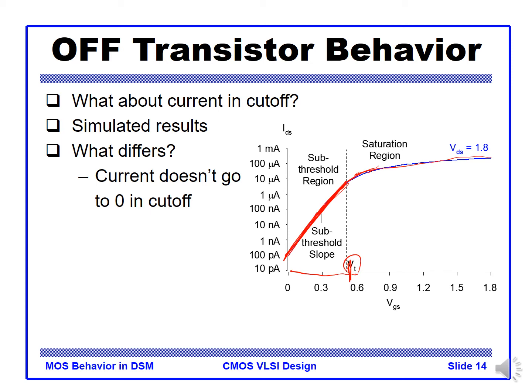This is a log scale, so this linear line means the current goes down exponentially for lower VGS. In this sub-threshold region, current still flows, but it decays exponentially.